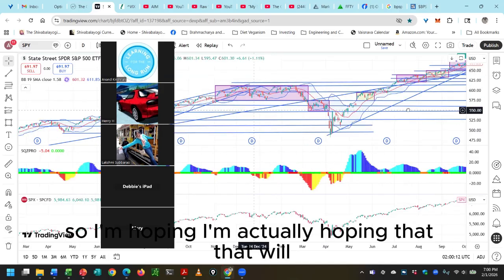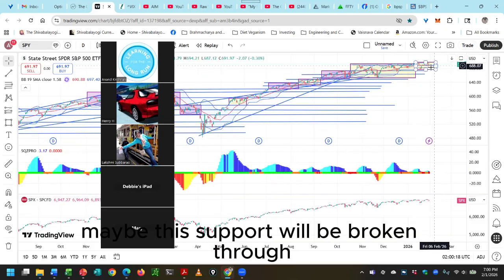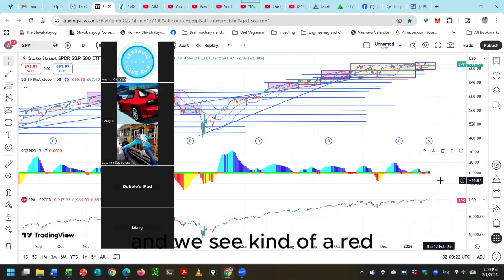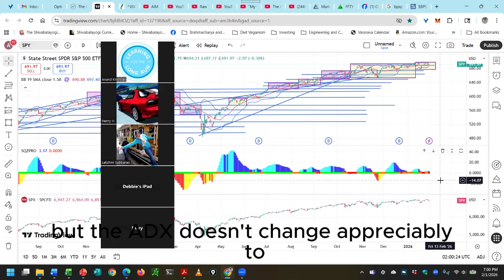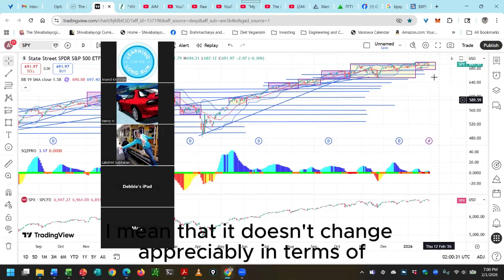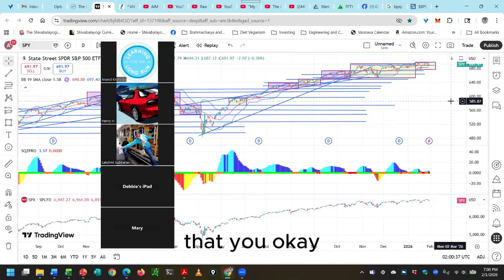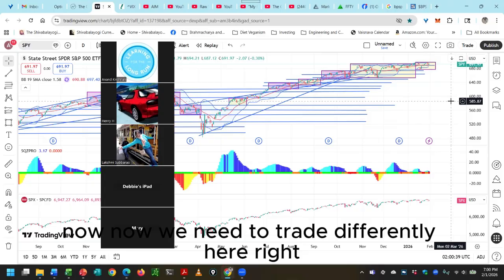So I'm hoping that will happen here. Maybe this support will be broken through and we see a red, but the ADX doesn't change appreciably to reflect that. It doesn't go above 20, because if that happens, we need to trade differently.